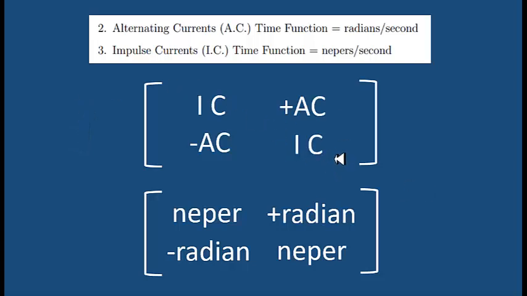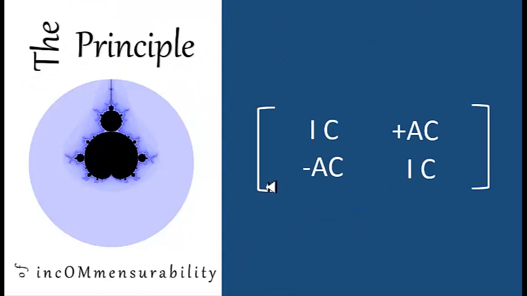So the scalar goes on the forward diagonal, the cyclic, polarized, anything that has a plus or minus or a clockwise counterclockwise or anything that can be associated with cyclic phenomenon goes on the backward diagonal. Okay, so that is the principle of incommensurability as applied to the concept of current.